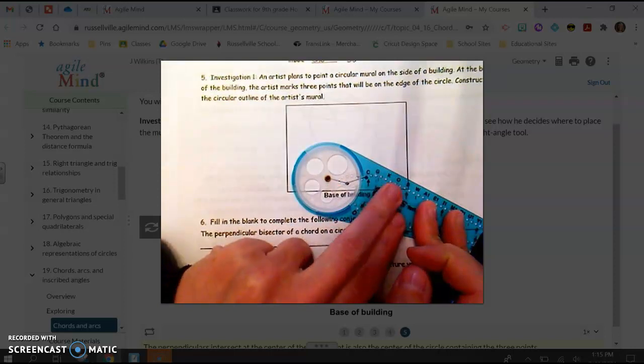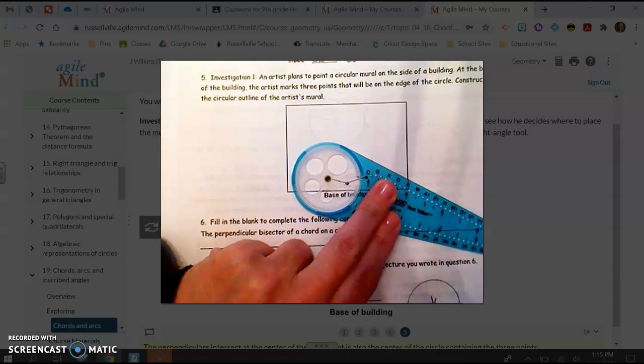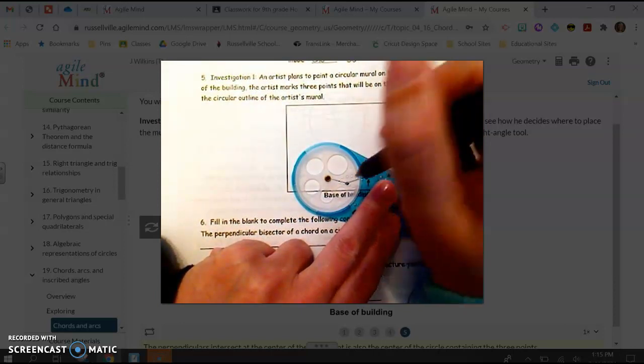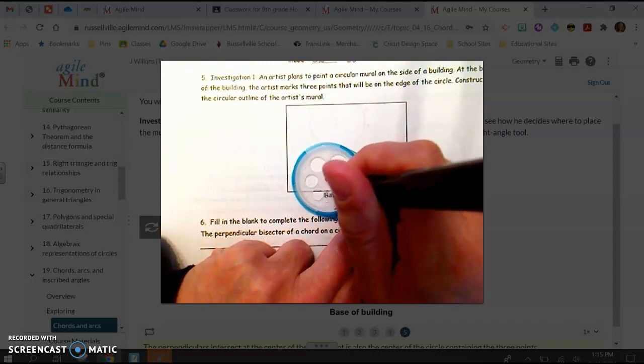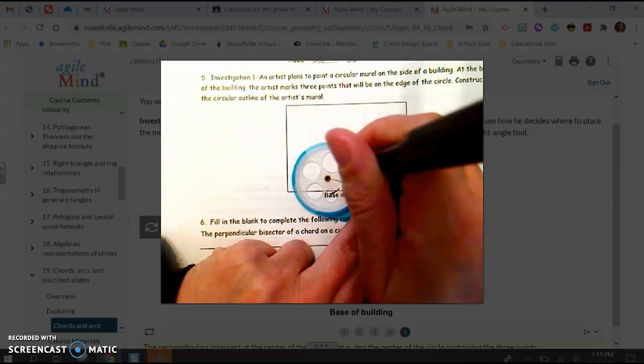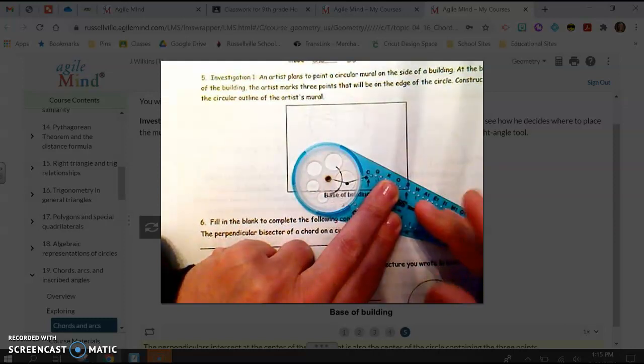You really need to make sure you hold down here. So pick a point that's more than halfway. I'm just going to pick this point, and you're going to make an arc above and below, or you can just make one complete arc if you choose.